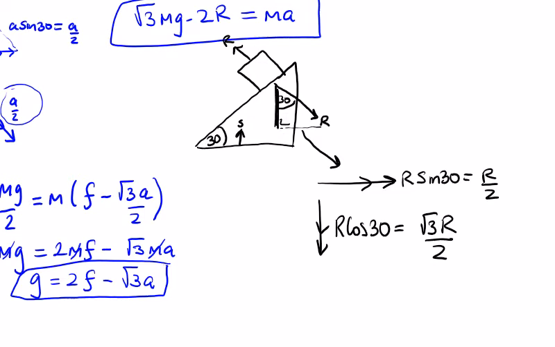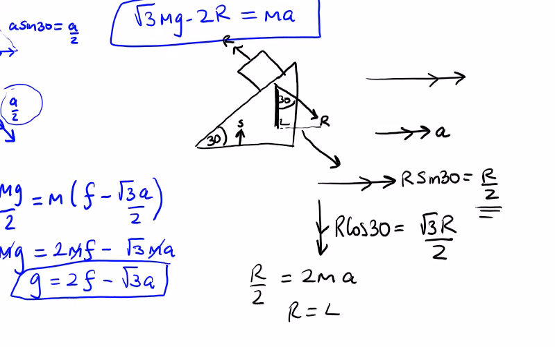My acceleration is in this direction, and we said that was a. So if we create our forces equation in this direction, we get R over 2, nothing opposing it, is equal to the mass of the wedge, 2m, times the acceleration in that direction, which is a. So R is 4ma.